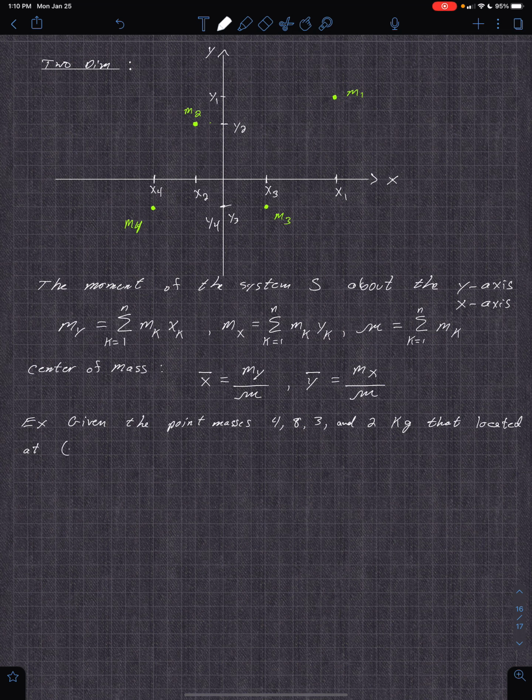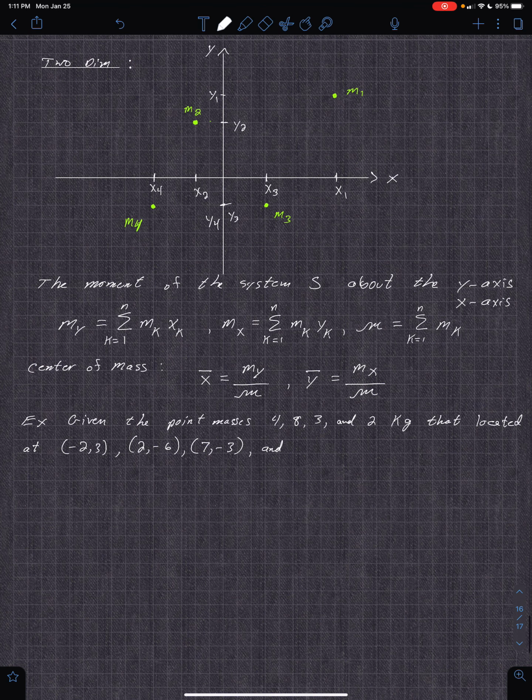the position of them. So it's (-2, 3), (2, -6), (7, -3), and (5, 1), respectively, which means essentially in the same order that was given.